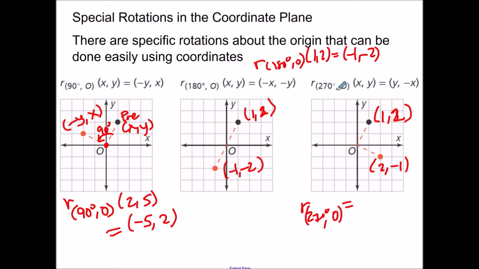And remember, these are positive angles, so this means that you're doing it counterclockwise. So rotation 270 degrees about the origin of the coordinate (1, 2): you switch the x and the y and then negate the x. And those are your special rotations.